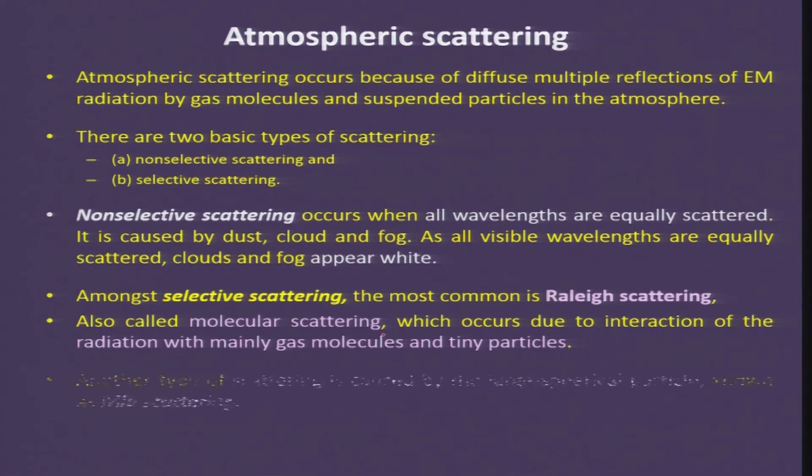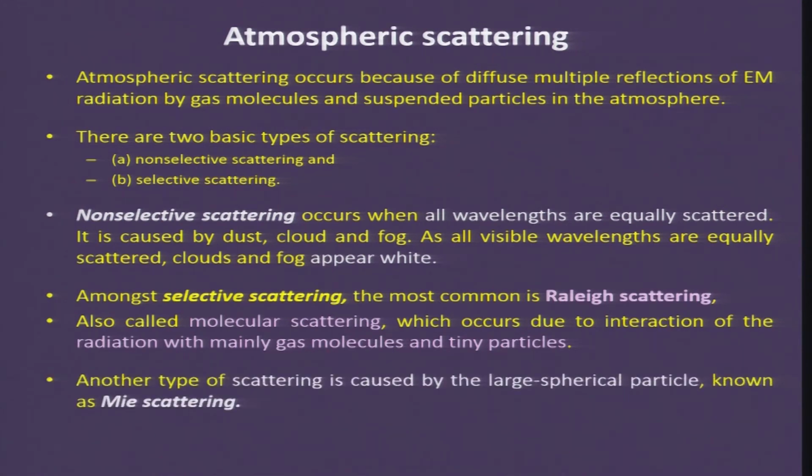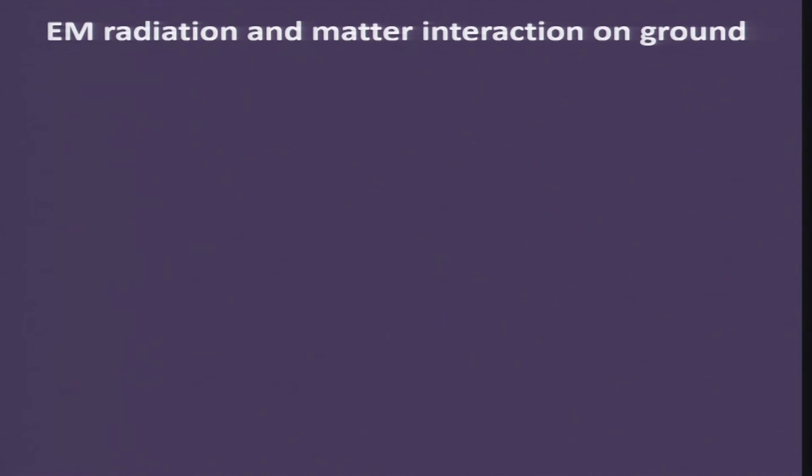Another type of scattering is caused by large spherical particles, known as Mie scattering. You have to remember these different types of scattering: non-selective, selective, Rayleigh and Mie scattering.